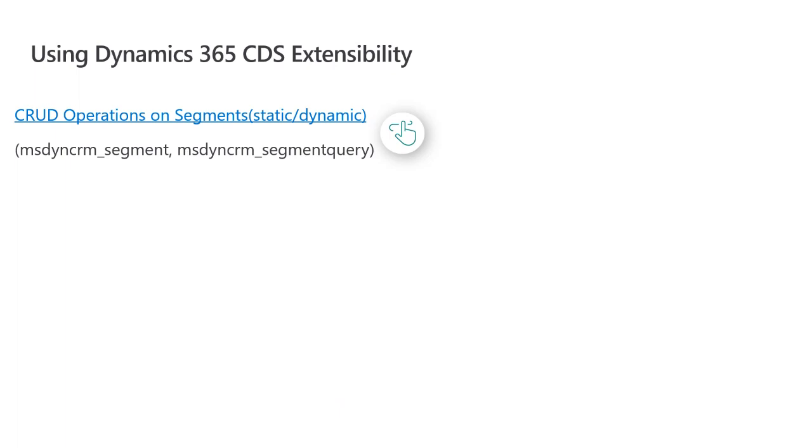For an example, you can change the status of a segment, or you can even create segment queries programmatically. Okay, so there are several entity names here for you to understand how it works. It's not really different than the contact entity or other entities. Okay, it's just another entity.